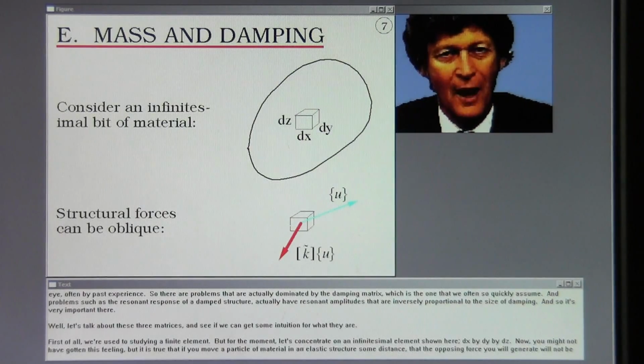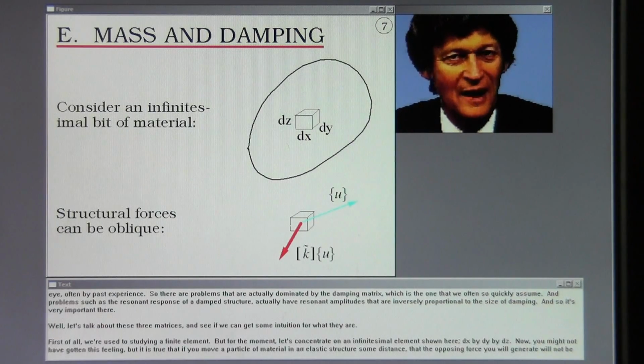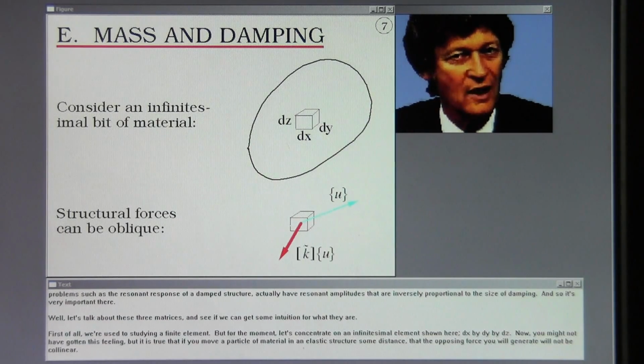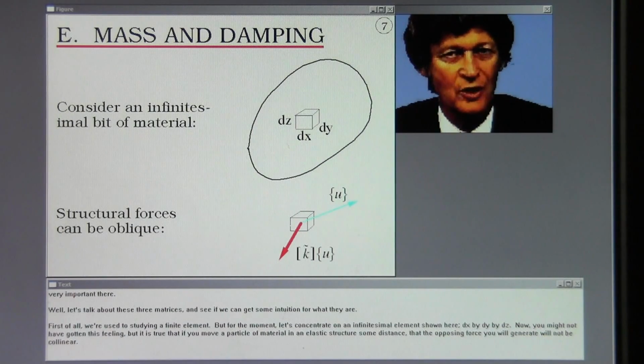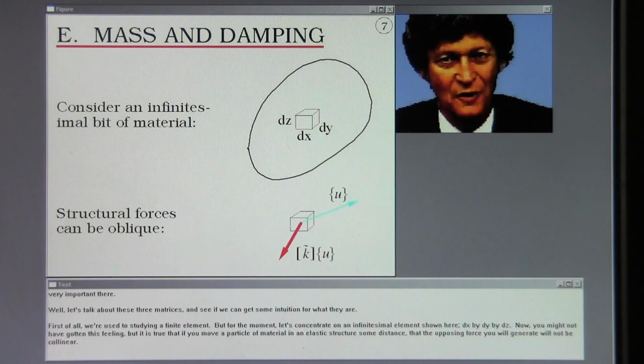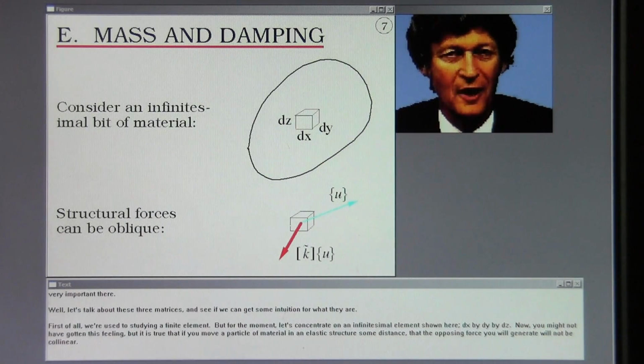So there are problems that are actually dominated by the damping matrix, which is the one that we often so quickly assume. And problems such as the resonant response of a damped structure actually have resonant amplitudes that are inversely proportional to the size of damping, and so it's very important there.